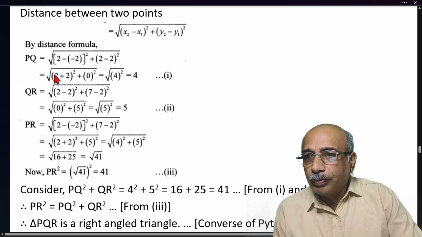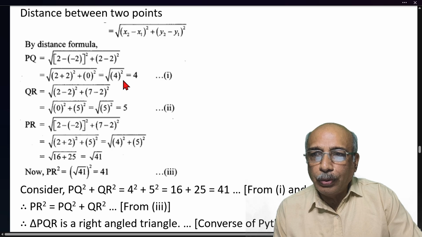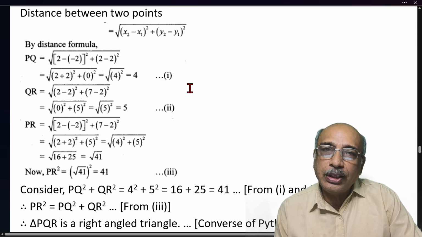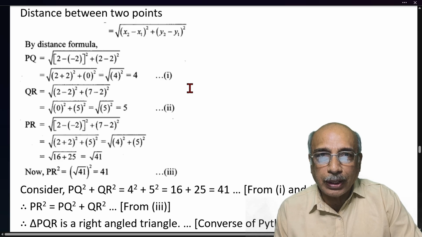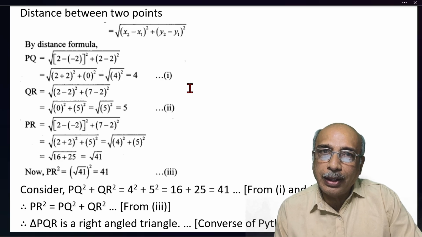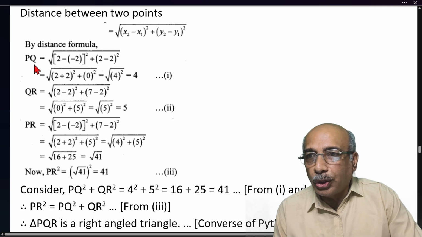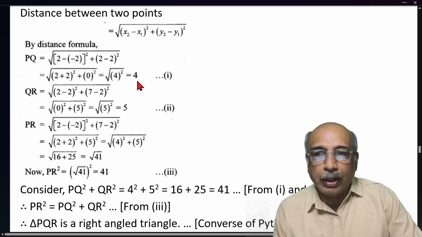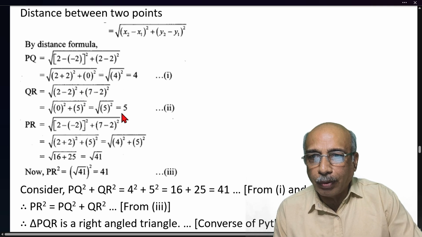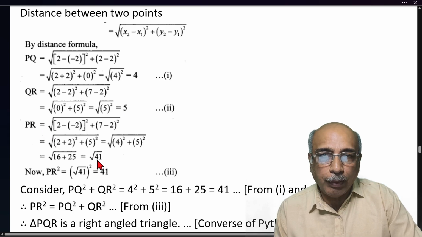Now I'm sure, students, you know how to find the distance between 2 points when the coordinates are given. So directly I'm explaining the result here. Distance PQ you calculate, it will come to 4. Distance QR equals 5. Distance PR equals root 41.